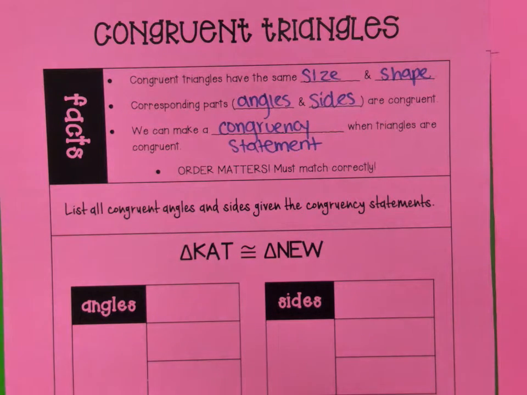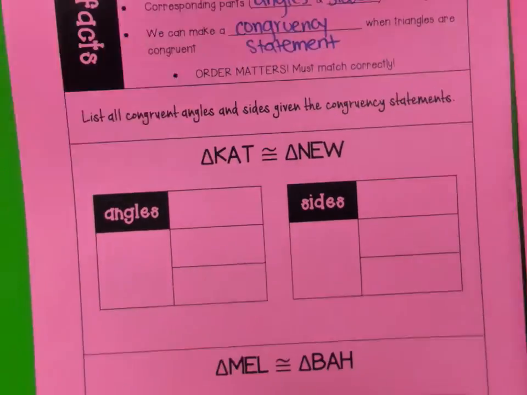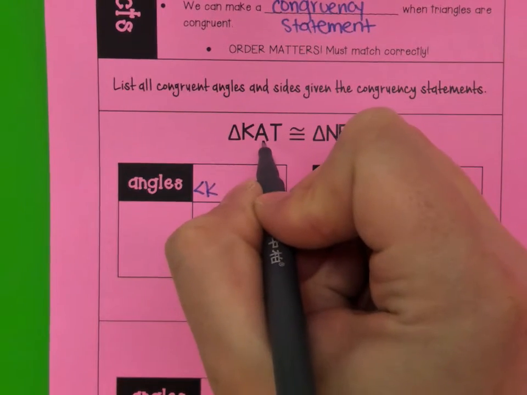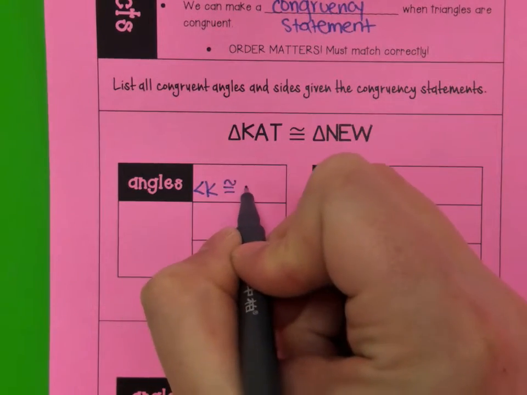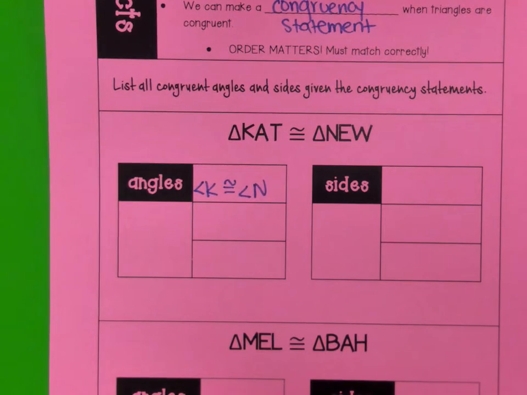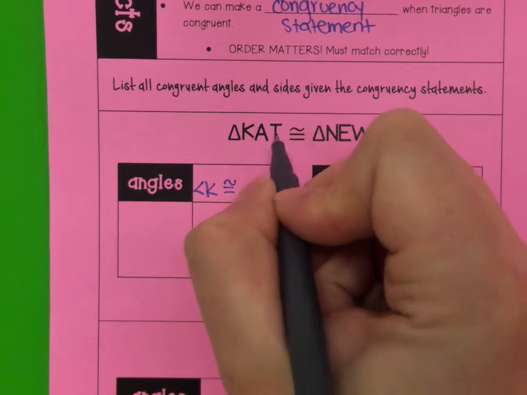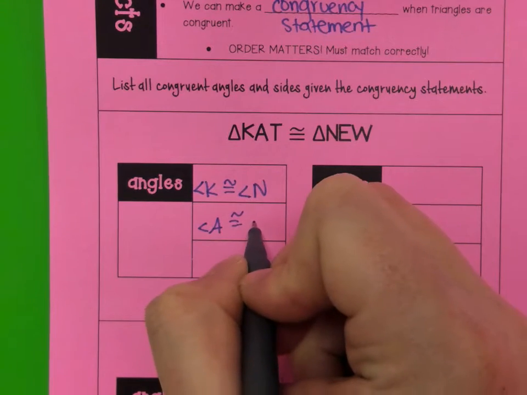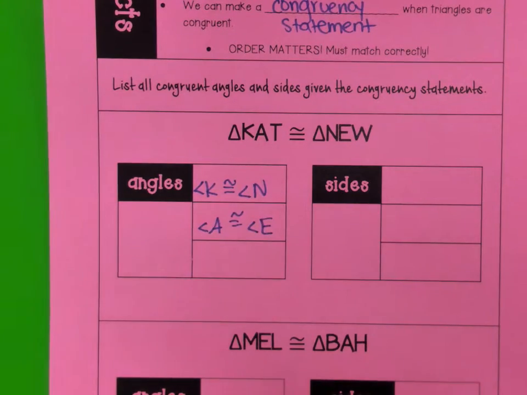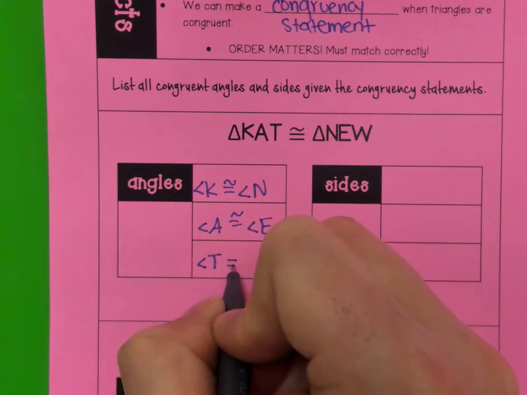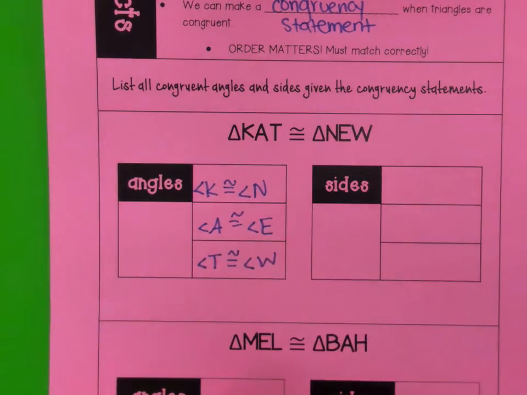All right, so if we talk about congruent angles, we have angle K. Angle K is the first angle listed in this triangle, so we're going to say it's congruent to whatever the first angle listed is in the second triangle, which is angle N. We're then going to say the second angle in this triangle, so angle A, is congruent to the second angle listed in this triangle, which is angle E. And last but not least, we have the third angle, T, is congruent to the third angle, W.